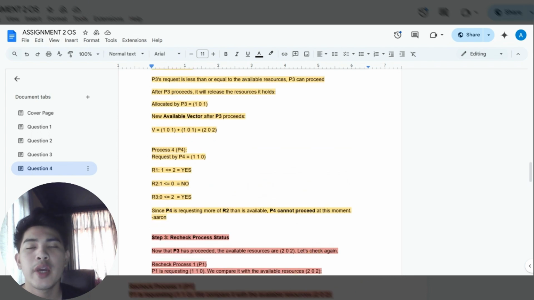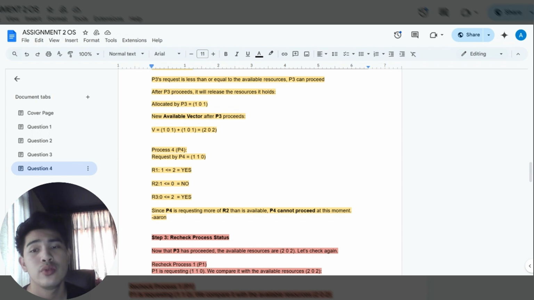The request by P4 is 110. Again, we have to compare the remaining vector to the request by P4. R1, 1 is less than 2, yes. However, for R2, 1 is not less than or equal to 0. It is more than 0.